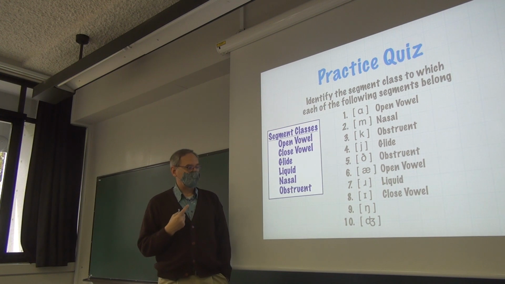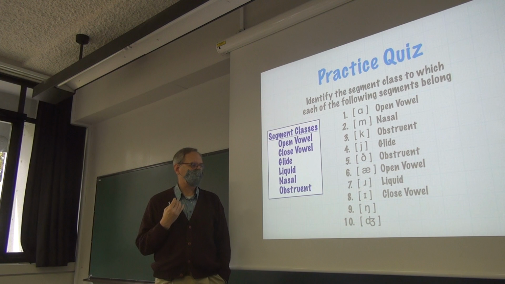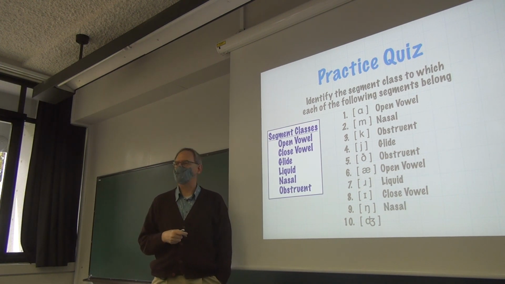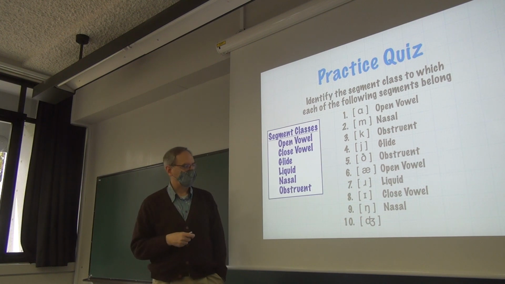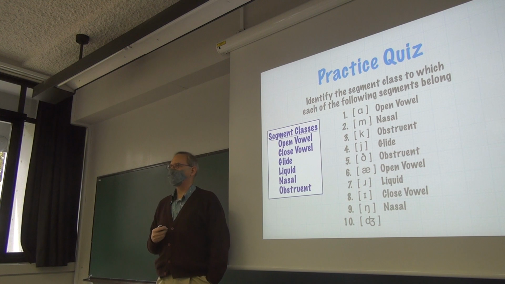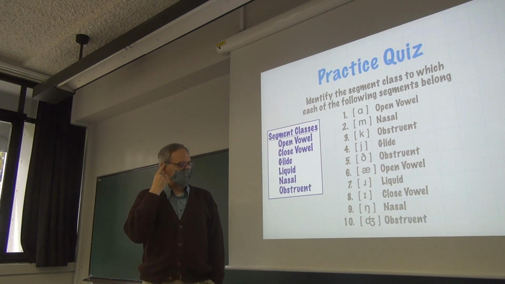And because it's created by stopping the airflow through the mouth and allowing the voice to travel through the nose, it's a nasal. And finally, number 10 is produced by stopping the airflow, obstructing the airflow. So it's an obstruent.